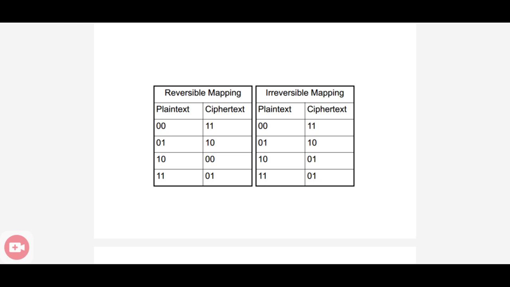But in the second mapping, which is irreversible, two plain texts have the same ciphertext: 10 and 11 both map to 01. So decryption cannot be reversed. The Feistel structure is based on reversible mapping. If there is an encryption, there must be a decryption. Clear?